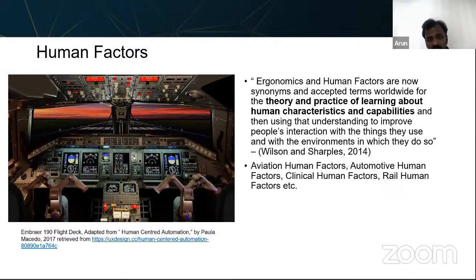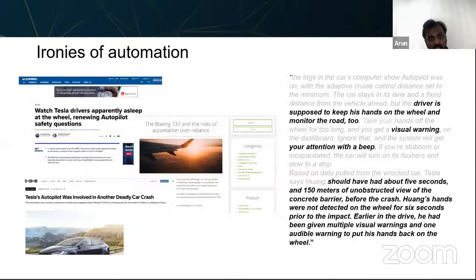Like I said, the brain tricks us in certain situations, right? So we try to take care of all the inputs, and design systems so that both the human and the automated systems can perform well. And the field which investigates this a lot is basically human factors. Of course, you have a widespread in the industry, varying from aviation to the automotive domain up to rail human factors as well.